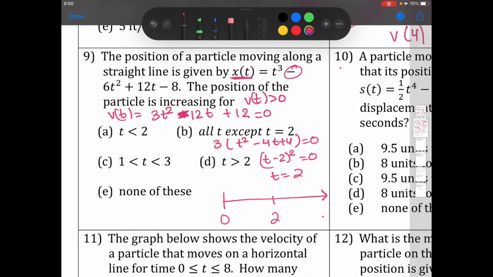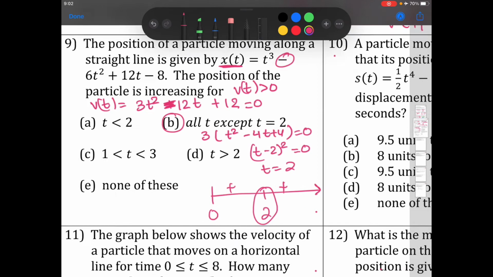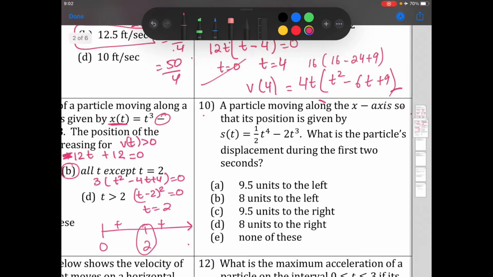I'm going to pick a number between 0 and 2, which is 1. If I substitute 1 in here, I get a positive number. If I substitute a number greater than 2, let's say 3, 3 squared is 9, I still end up with a positive, so it is going to be positive all along except when t is equal to 2. So it's choice B, right? Because that's when it's equal to 0.